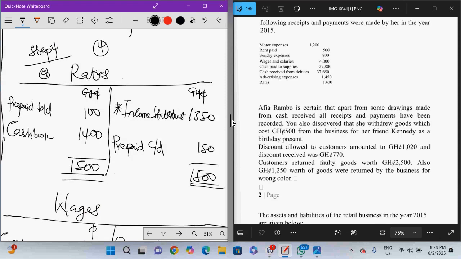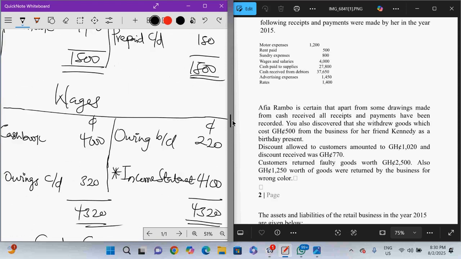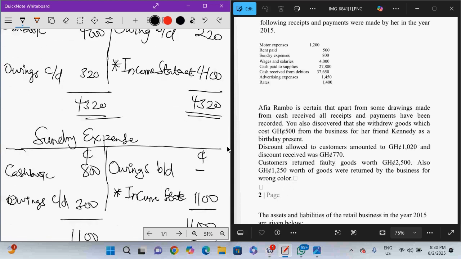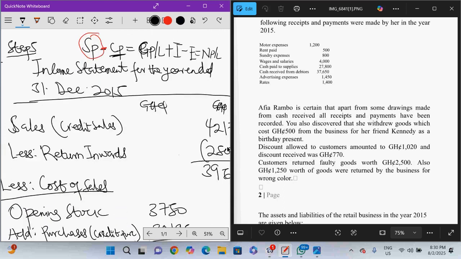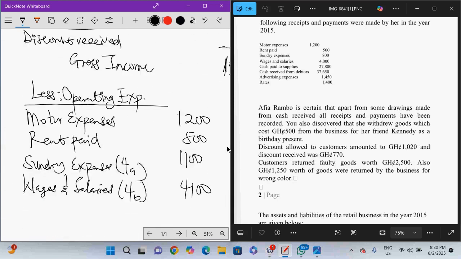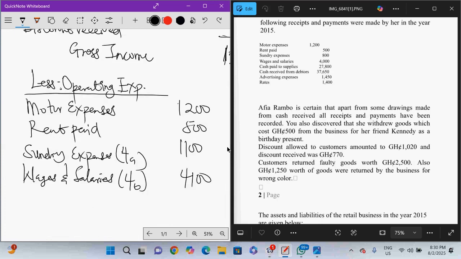So this is A, this is B, and then C. So this is 4C, 4B, and then rate is 4A. So that is workings 4A.